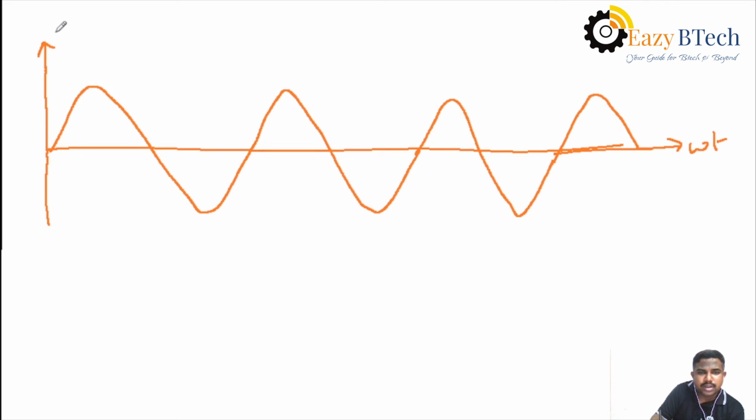I am showing in this example how to calculate peak value or peak to peak value, time period, frequency, number of cycles, and so on, after the waveform is given in the problem. Any waveform, sine waveform or square waveform, triangular, any waveform.